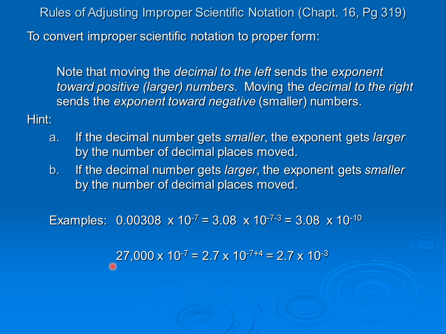Because the number is 27,000, and after you do this, the number will become only 2.7. It's getting decreased, so the exponent will get increased. How many positions? 4 positions, right? So that's why we add to the exponent. We add 4 to the -7. That makes it -3.